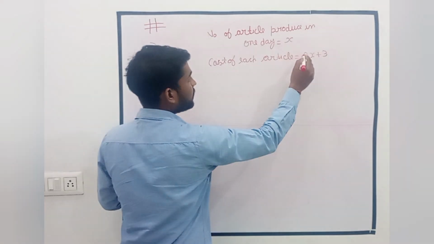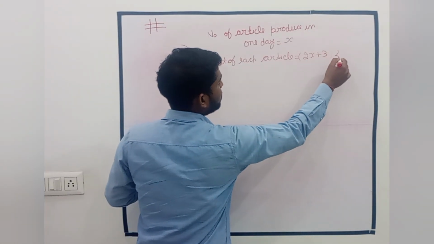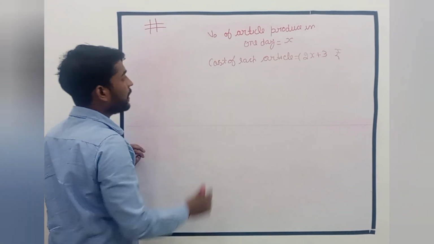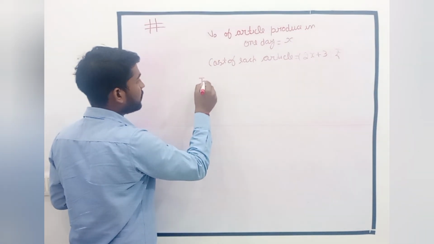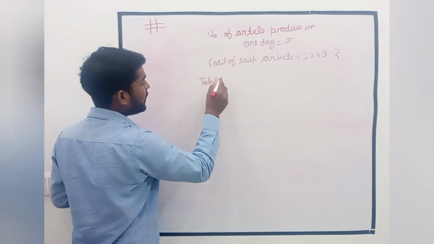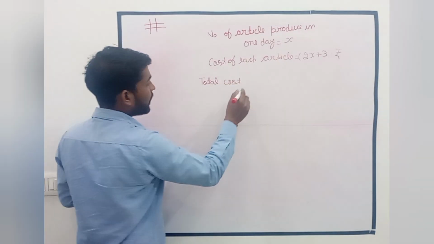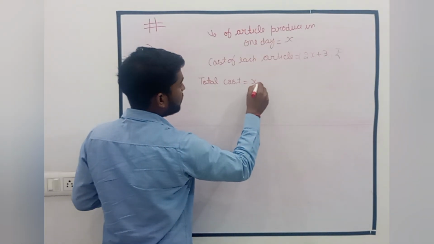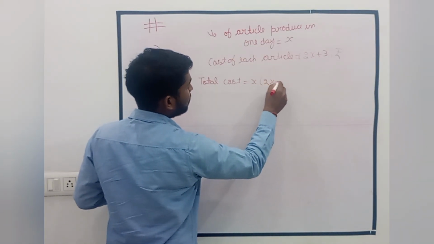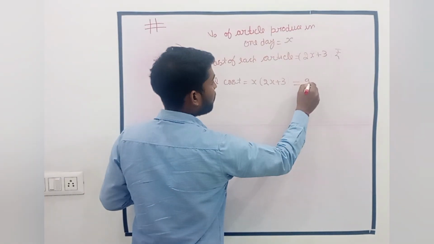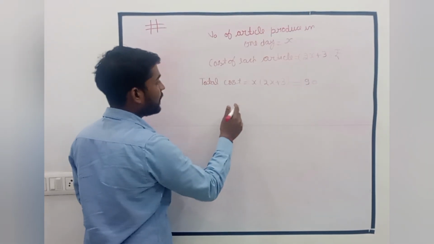This is the cost of one article, and this is the number of articles, and we get the total cost of each day, which is the product of these, and this is given in the question as 90.